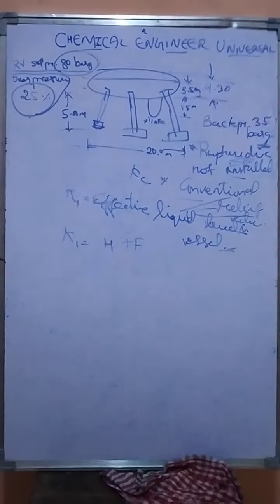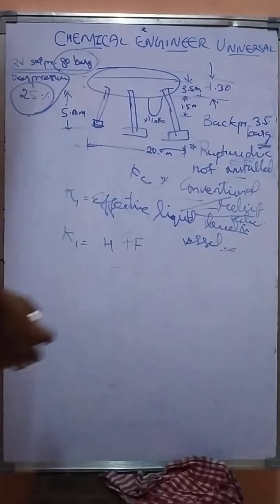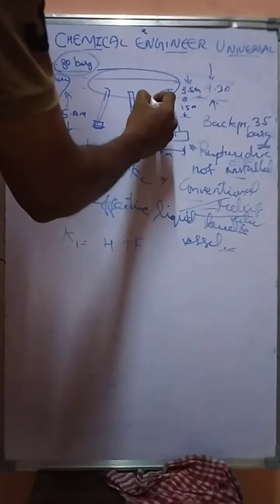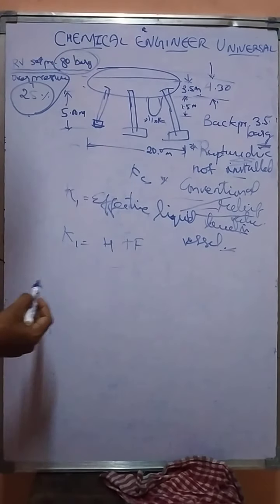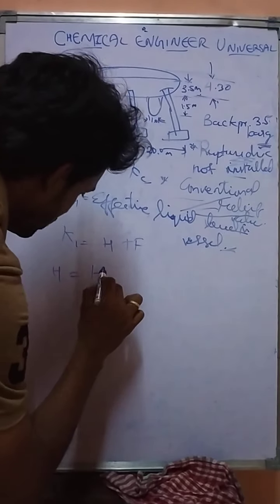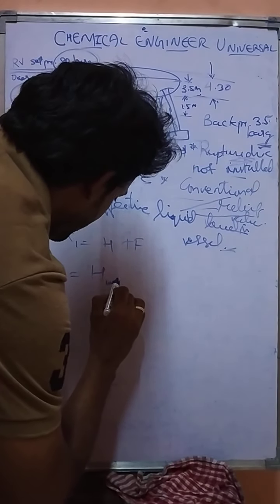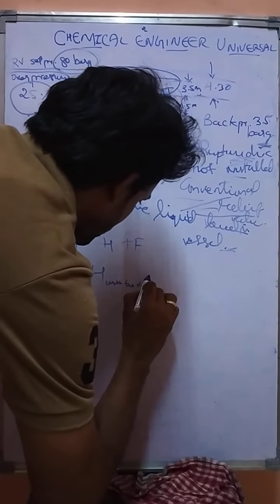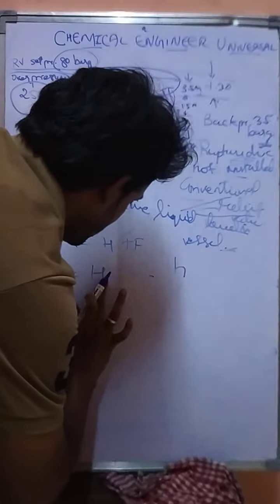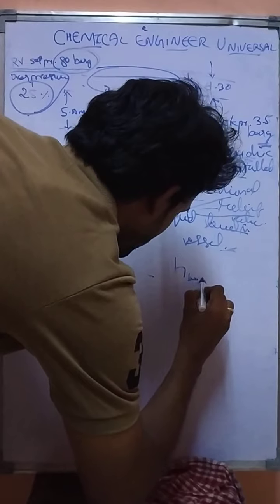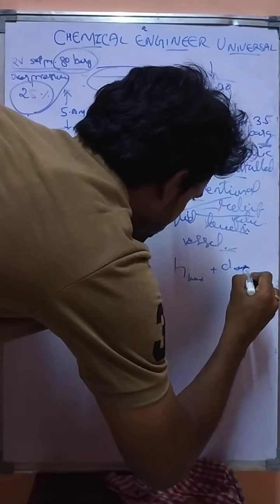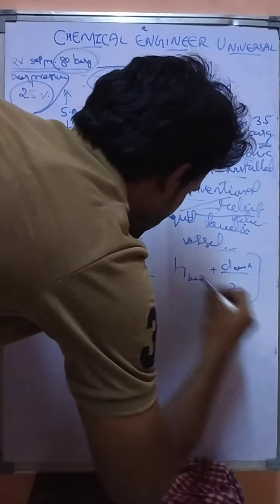So just correct it. Since we have a boot here, the formula is H equals H without boot minus H with boot plus D boot by 2.